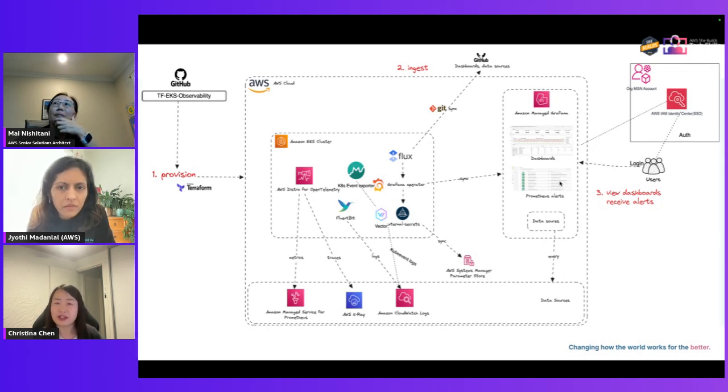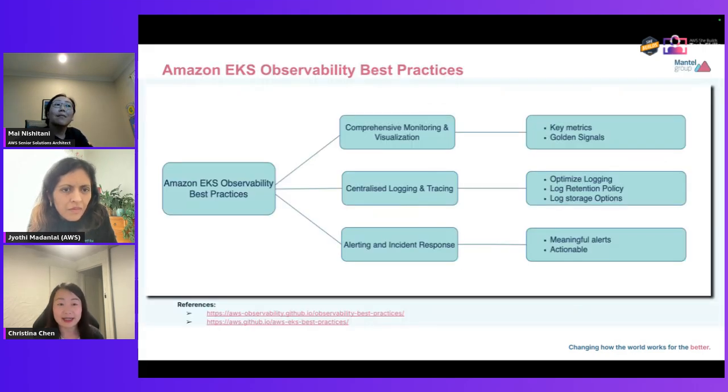So the next question is, how do we know our observability is set up correctly? How do we know we are doing a good job? Luckily, we have the AWS Observability Best Practices Guide and the AWS EKS Best Practices Guide. When your application is running in the cluster, you want to monitor what the performance looks like. Are there any issues? Do we want to monitor everything?